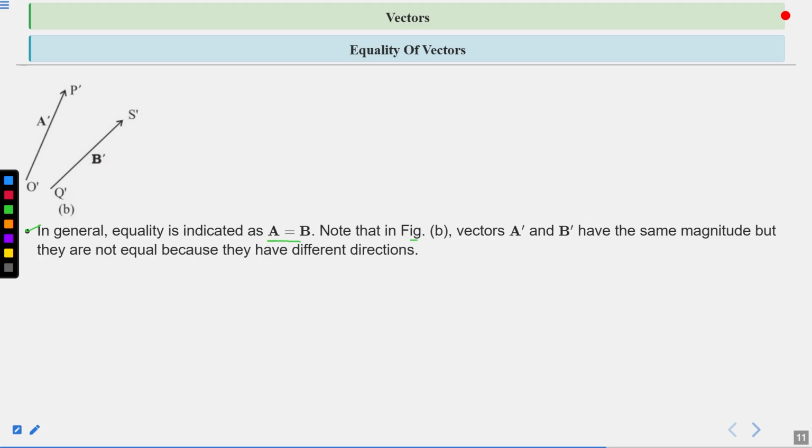Note that in figure B, A prime vector and B prime vector have the same magnitude. The lengths of the arrows are same, but they are not equal because they have different directions. So the directions of both vectors A prime and B prime are different. That's why they are not equal. So this type of vector we call unequal vectors.